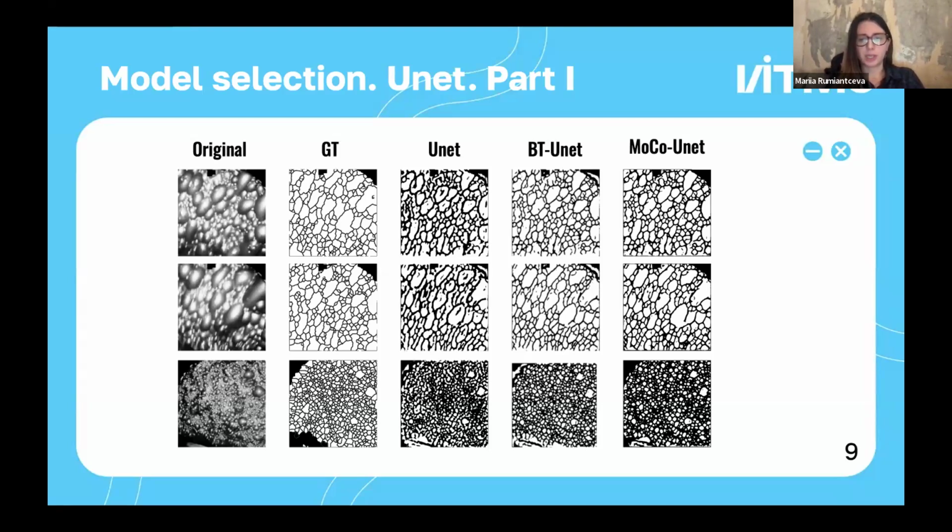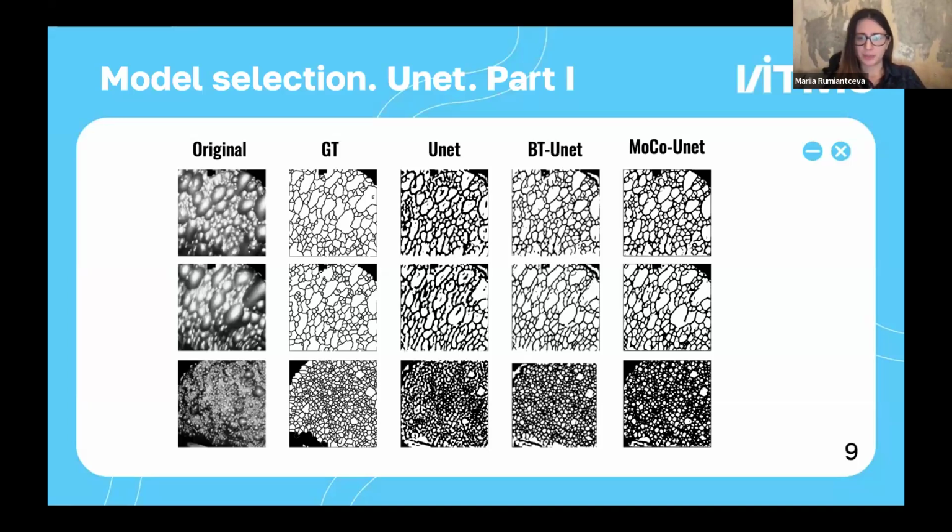While this can be corrected with postprocessing, it is not acceptable for our final task. With pretraining, the quality of recognition improves and the boundaries become cleaner. Also, the boundaries between different bubbles become much thinner than before. So it becomes much better than without pretraining.